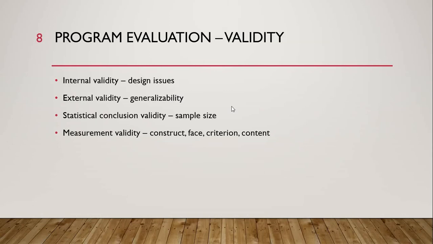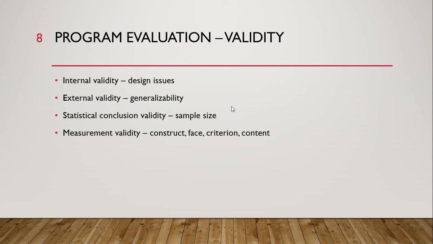Okay, so again, whenever we do a study, we always have to consider our sources of validity threats. Right, so internal validity probably is going to have to do with the research design. How are we going to limit the threats to internal validity? External validity: how are the findings of our study going to be generalizable to other inmates, other prison populations?